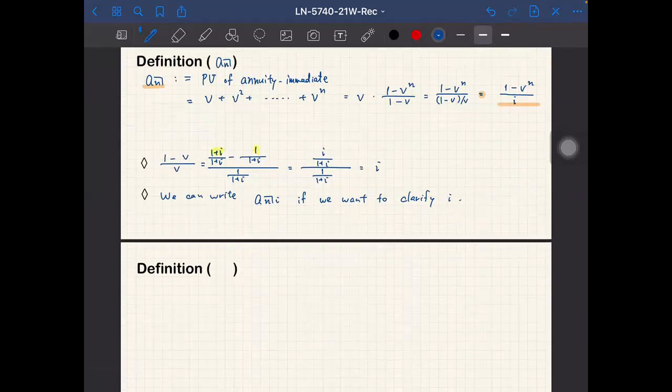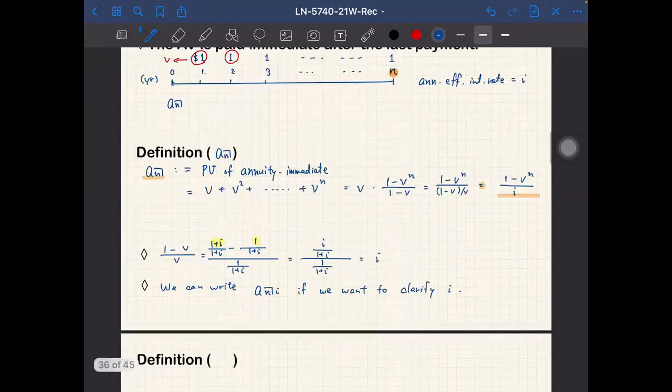And sometimes we want to calculate the accumulated value of a angle n. So that means we don't have this cash flow, but we receive the accumulated amount. And that is written as s angle n.